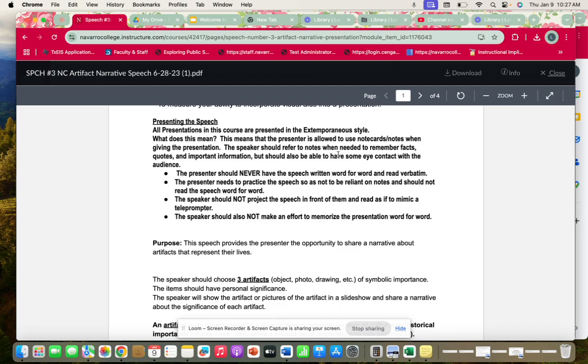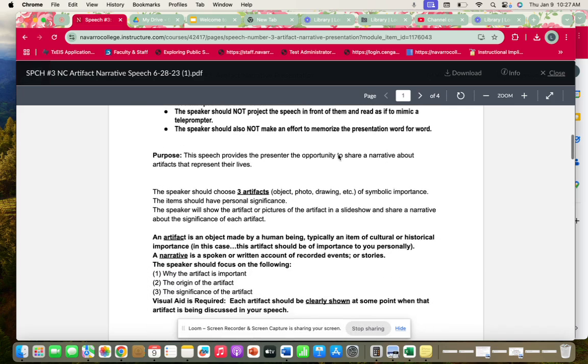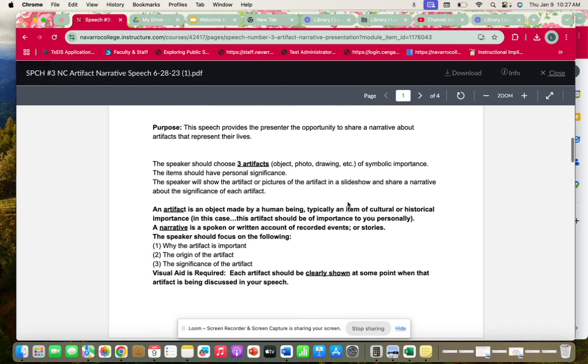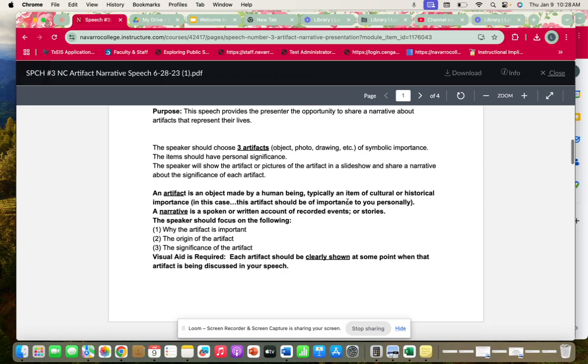All presentations in this course are extemporaneous. This again goes into detail about what that means. The purpose of this speech is to provide the presenter the opportunity to share a narrative about artifacts that represent their lives. When you think about a narrative, you're thinking about a story, a spoken or written account. The speaker should choose 3 artifacts, 3 objects that are of symbolic importance to you.